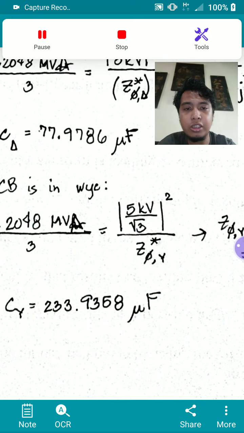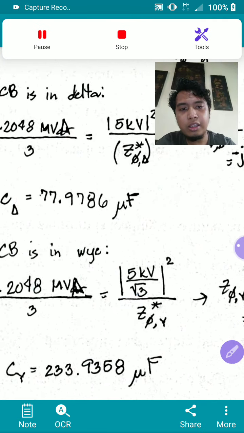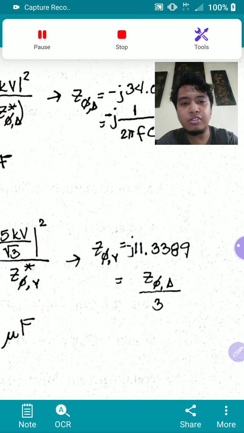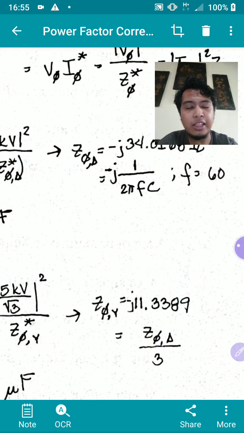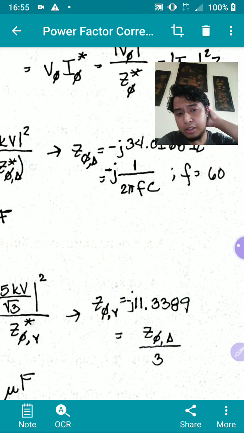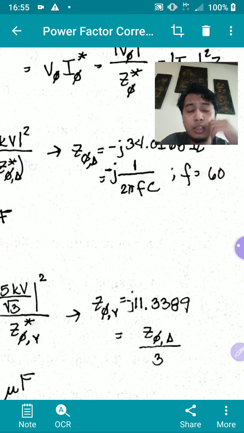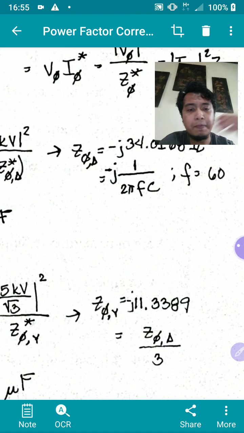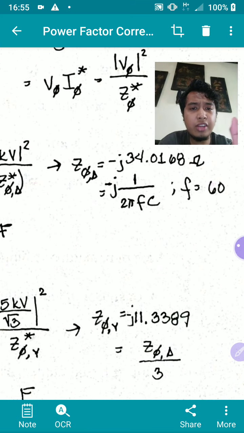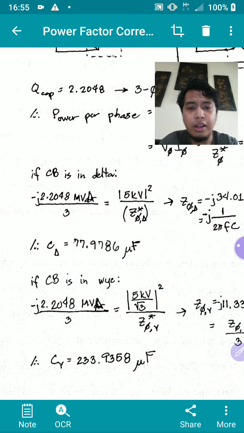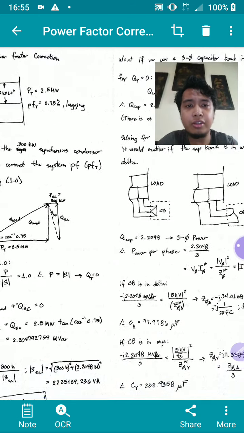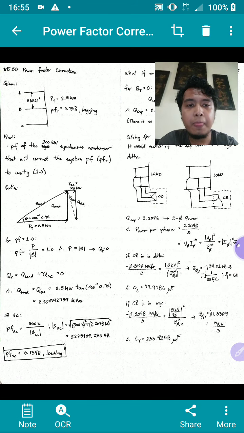That's the phase voltage. Then you solve for this the same way you solve for delta, and you get this Z phase. Take note that this Z phase is just Z delta over 3. So actually it's just like your delta to Y conversion. You just solve for the delta and then you convert it into Y. So ganun lang siya. Then you do the same to get the capacitance, and you get this value. Okay, so that's power factor correction on three-phase systems.